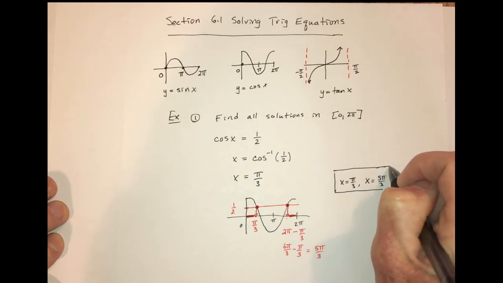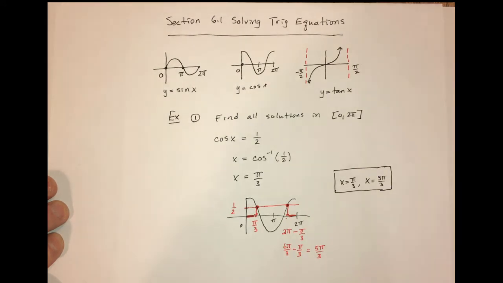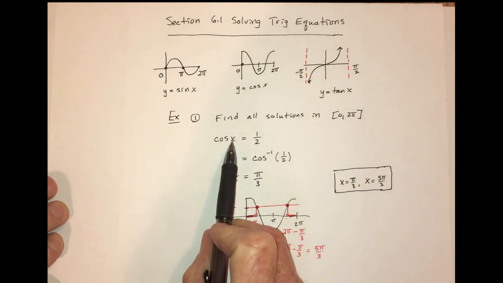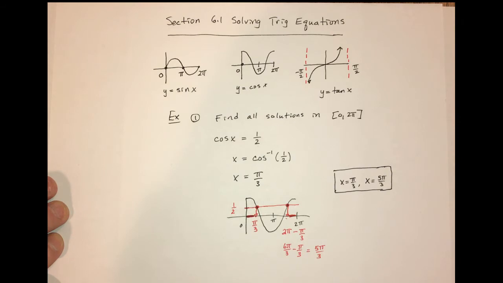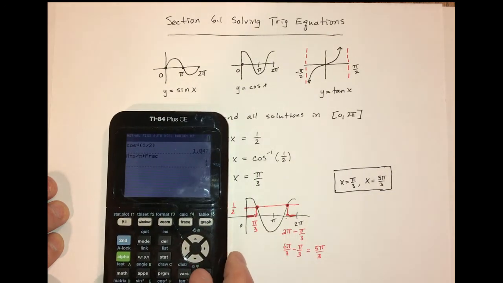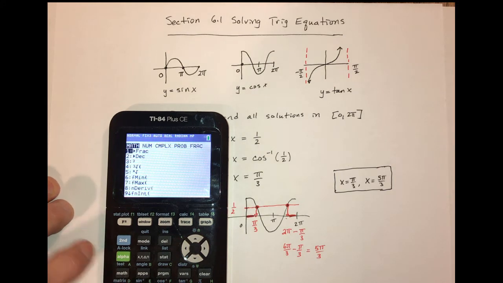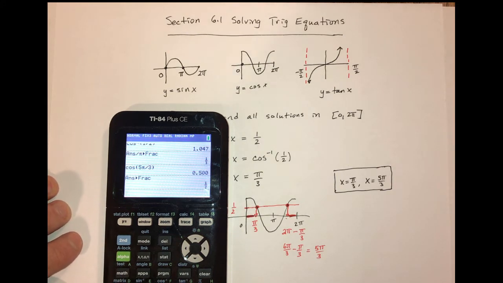And that is number 1. And of course I could even check it, take 5 pi over 3, plug it in for x right here, and the answer should be exactly 1/2. So if I take cosine of 5 pi over 3, then the answer should be exactly 1/2, 0.5, or 1/2. So that's correct.